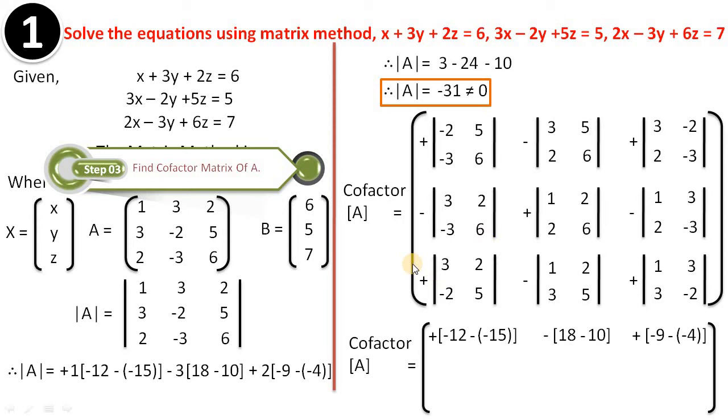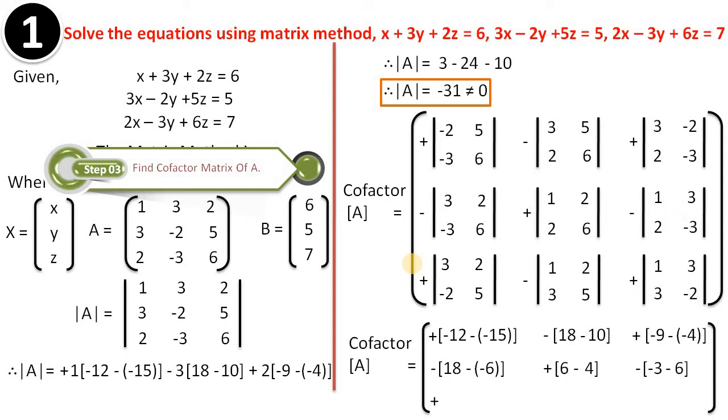Second row, sign minus, 3 into 6 18, middle sign minus, 2 into minus 3 minus 6, plus 1 into 6 6, middle sign minus, 2 into 2 4, minus 1 into minus 3 minus 3, middle sign minus, 3 into 2 6.